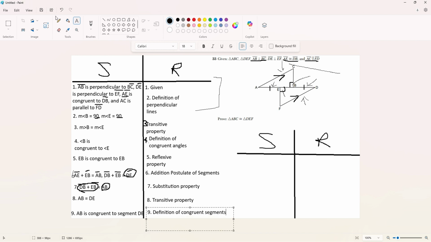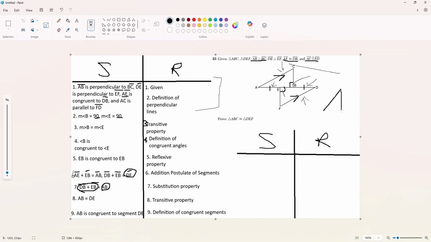So let's go back to our triangles and let me show you something. Alright, so we have a congruent angle and we have a congruent side. So we can solve this by either the AAS or the ASA. Now, let's solve it by the ASA. First, let's go back to our given. Our given tells us that AC is parallel to FD.